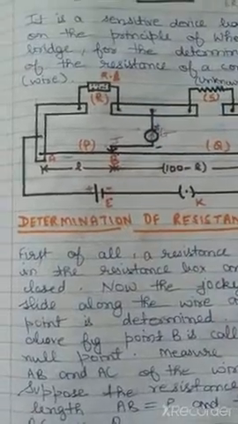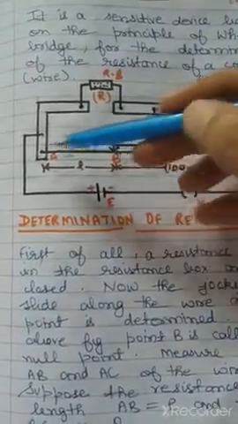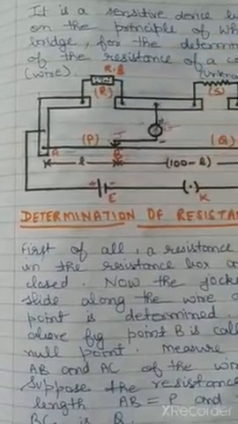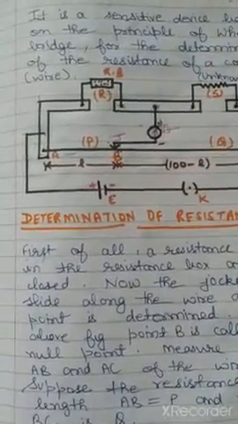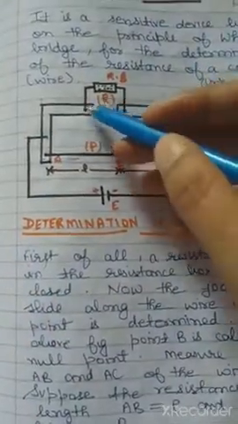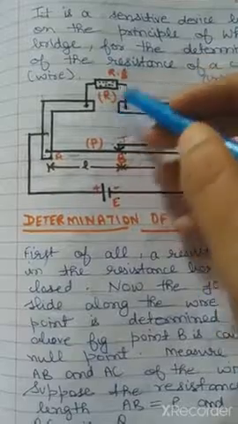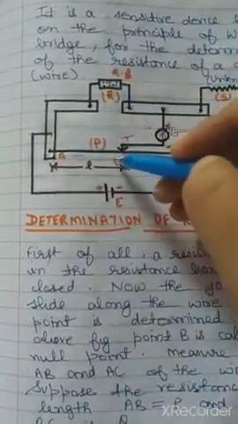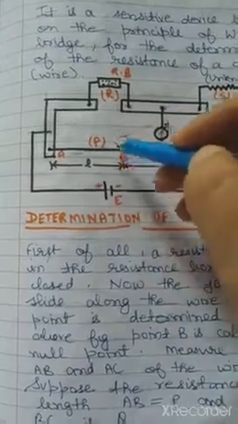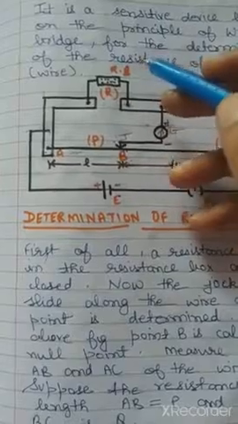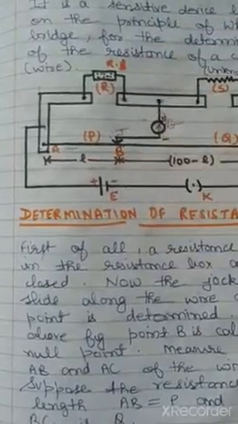The point is that when the potential across this point and across this resistance box becomes equal, we know that V is equal to IR. From the battery, when the current flows, at this point on the resistance box V is equal to IR, and here the current flows through the resistance and V is equal to IR too. If their potentials become equal, only in that case do we get the null condition.